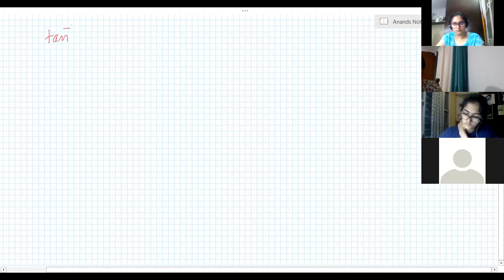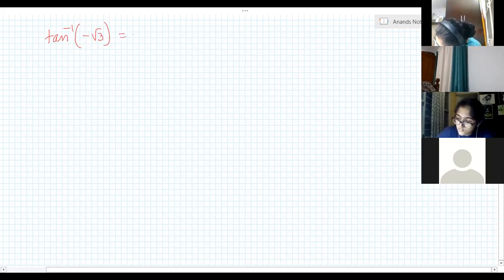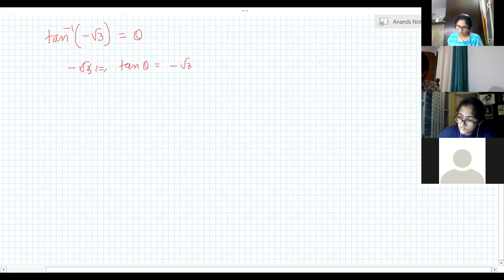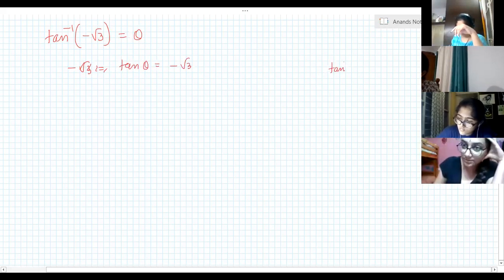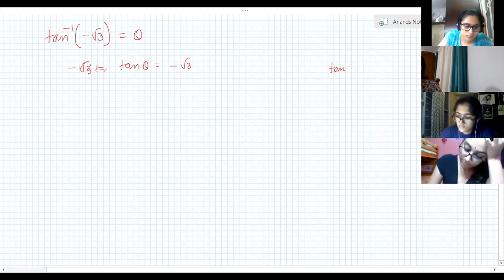Tan inverse of minus root 3. Do it and tell me. Tan 60 is root 3, no?